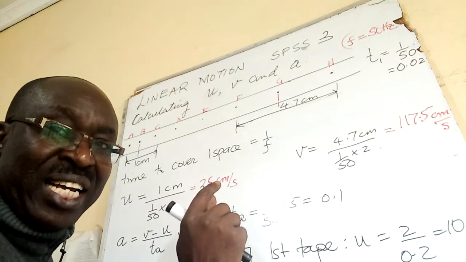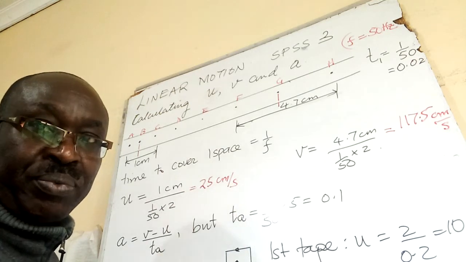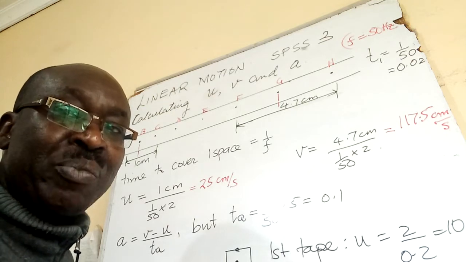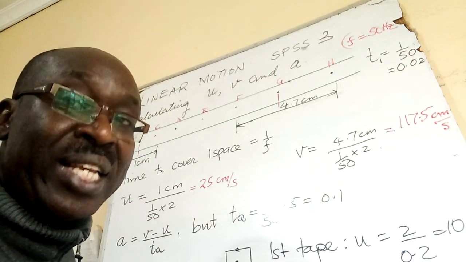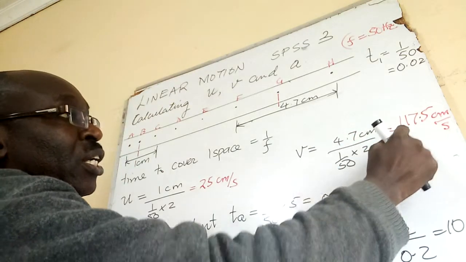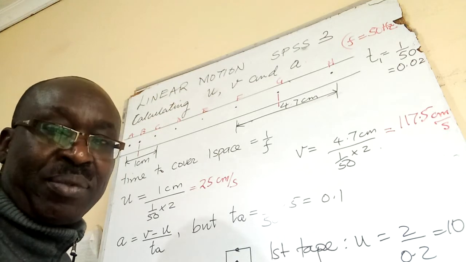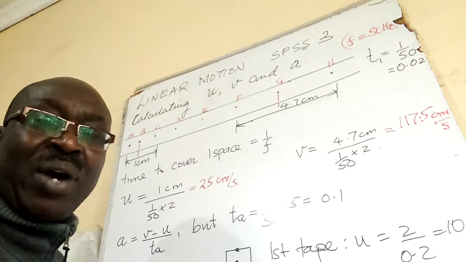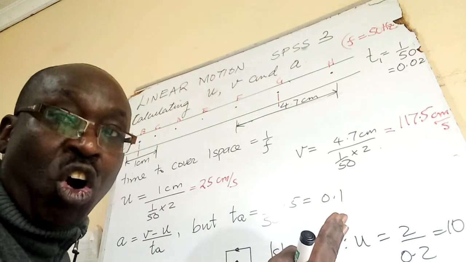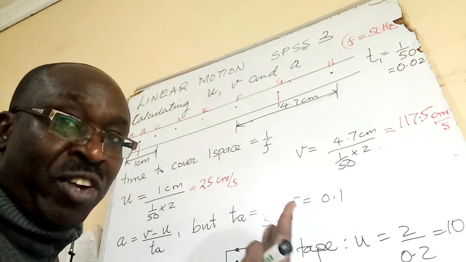Therefore, I write 1/50 times 2. Why 2? Because I am dealing with two spaces. When you compute this, you get 117.5 centimeter per second. So that is how I get initial speed and final speed, or initial velocity and final velocity.